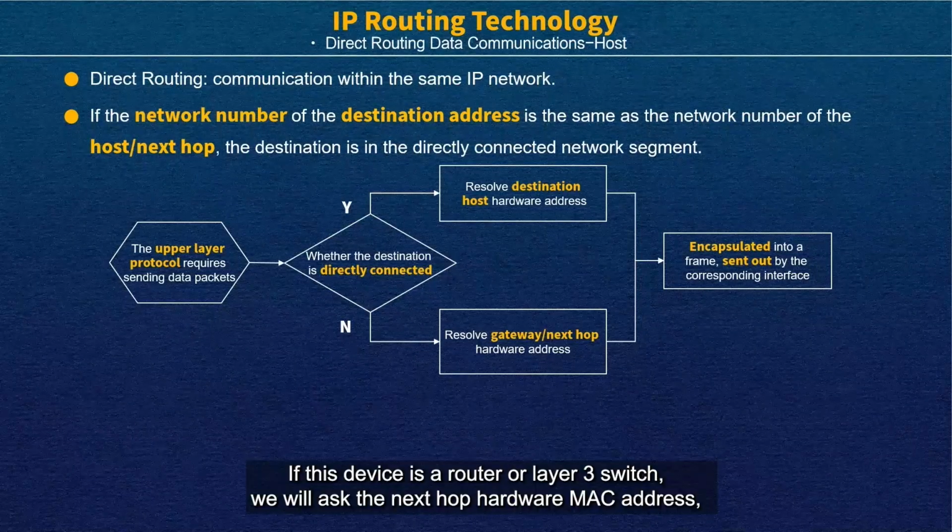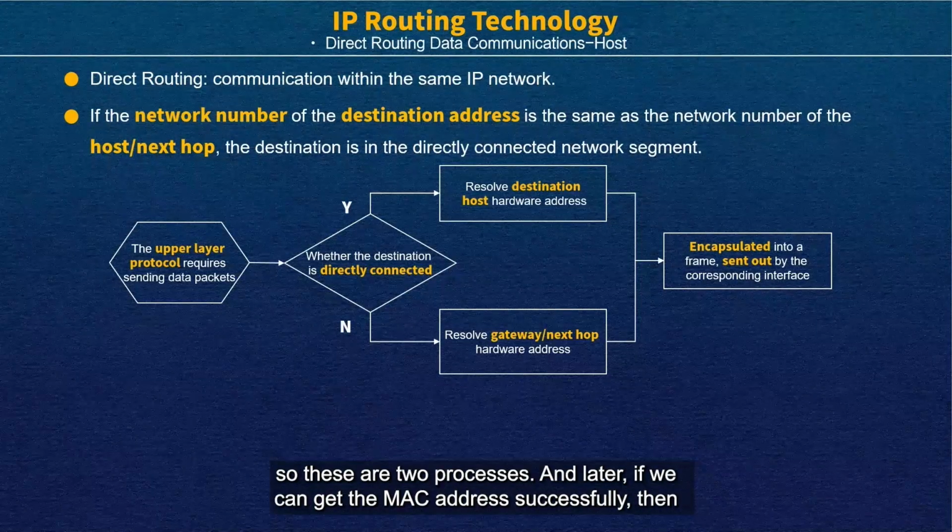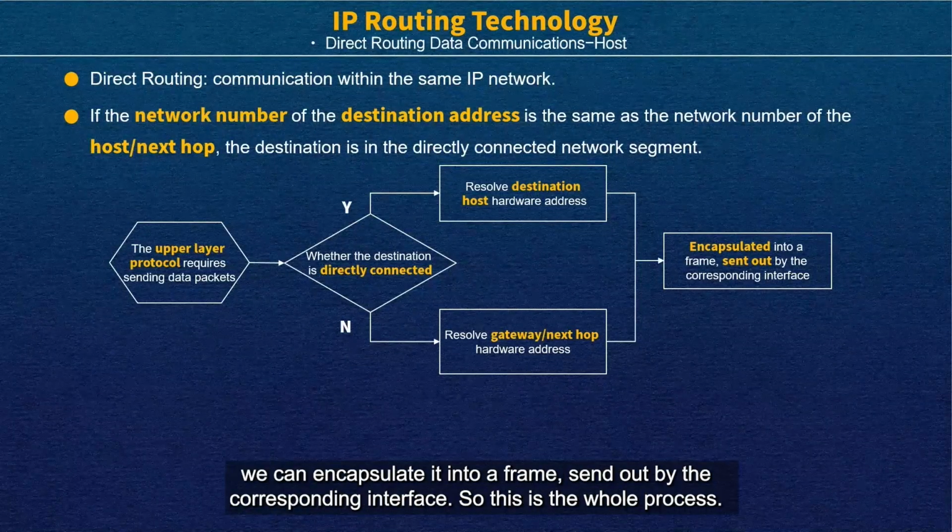If this device is a router or layer 3 switch, we ask for the next hop hardware MAC address. So these are two processes. And later, if we can get the MAC address successfully, then we can encapsulate into a frame and send it out by the corresponding interface. So this is the whole process.